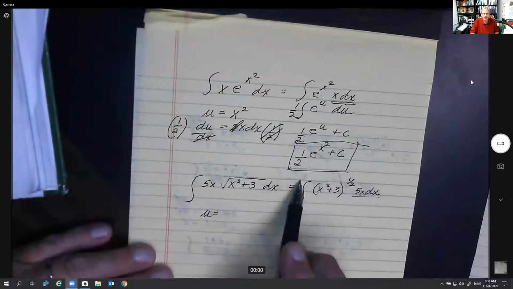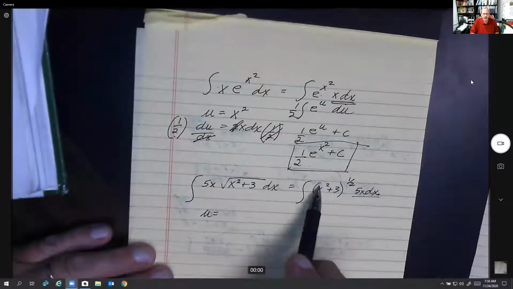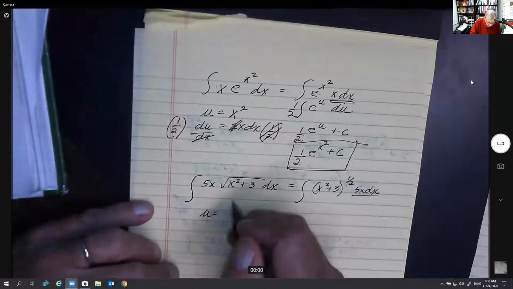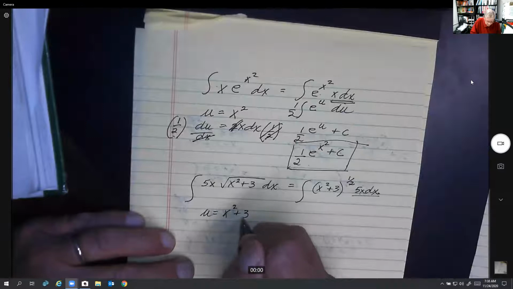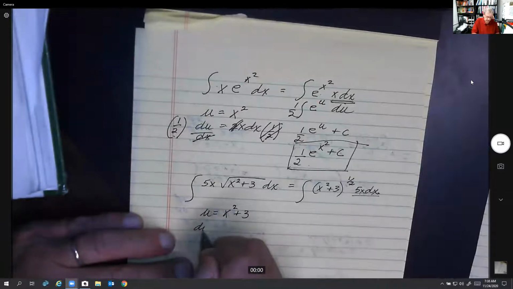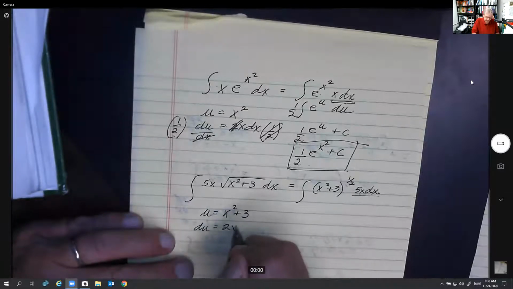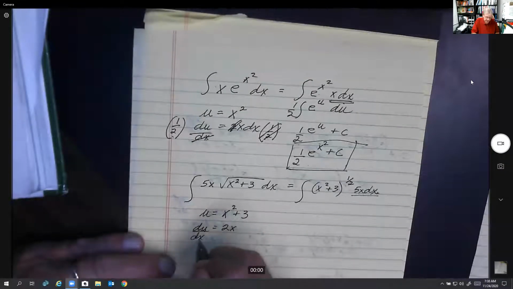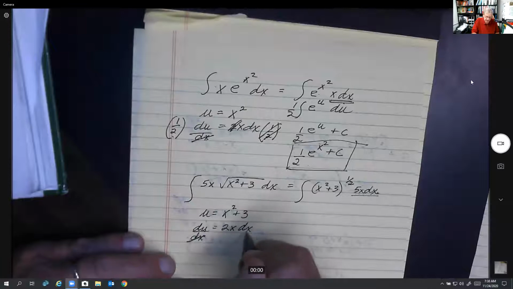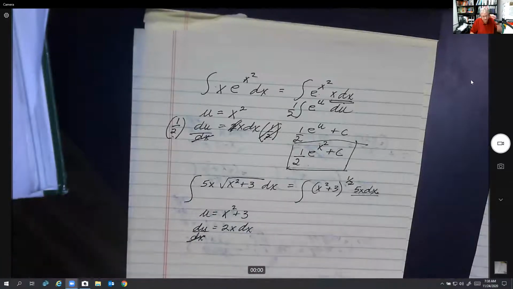U could equal this x squared plus 3 without the power. So then what's du? Du is going to be 2x over dx, 2x dx.